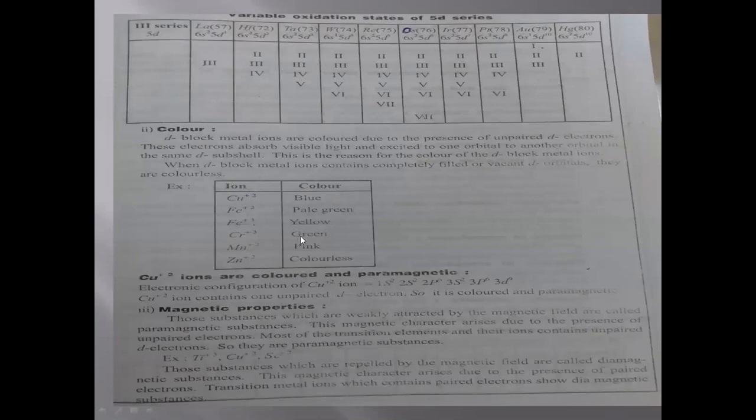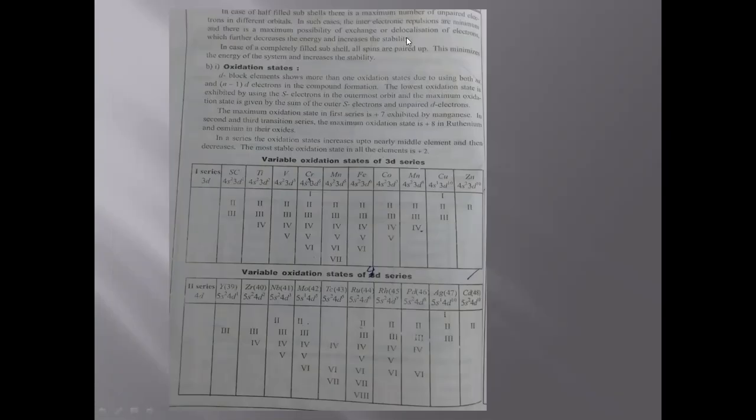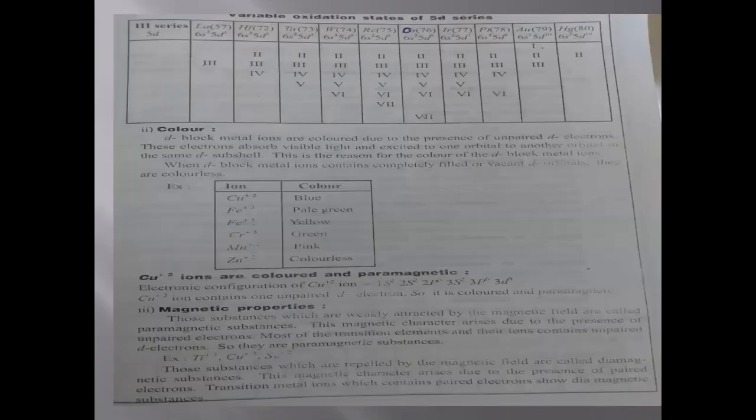In 5D series, again, the maximum oxidation state is exhibited by almost the middle of the group, that is osmium. Osmium can exhibit +8 oxidation state. Here I'm showing you the atomic number of osmium is 76.